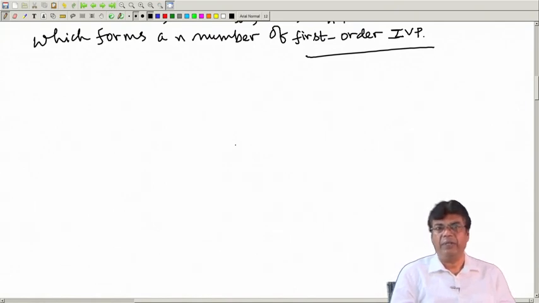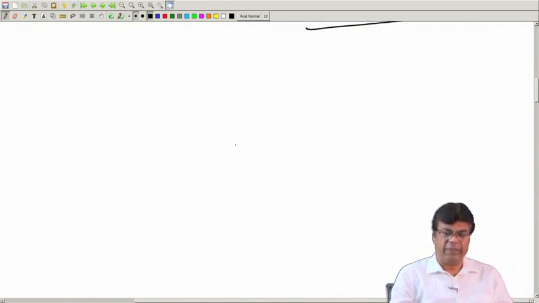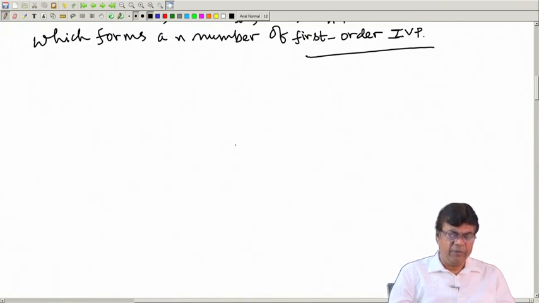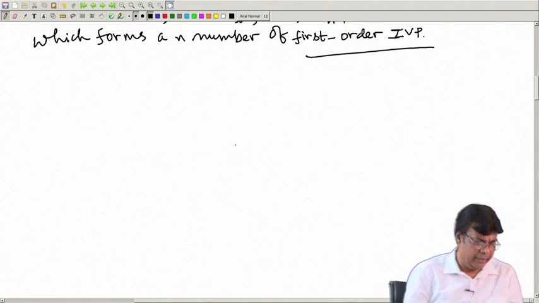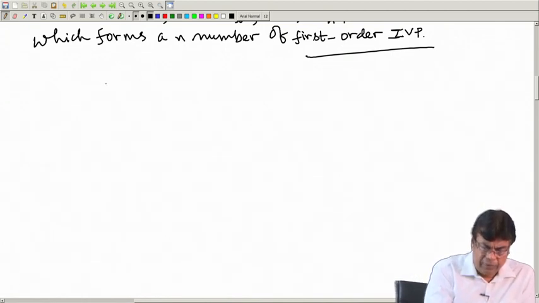If there is some term which is free of y, then that becomes a non-homogeneous situation. So, first we talk about the homogeneous case, and this can be classified in a form which is termed Sturm-Liouville.